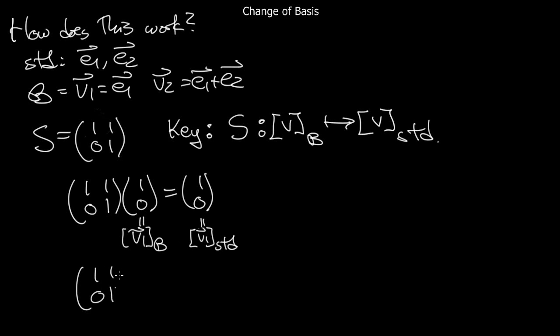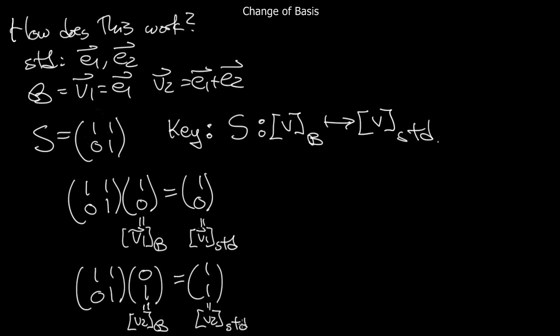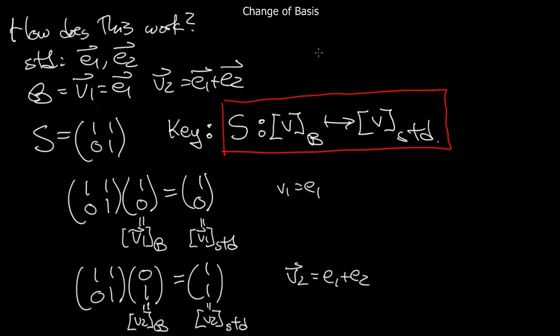If you take this vector in the new basis, (0, 1), which is v2 in the new basis, you get v2 in the standard basis, and that's exactly correct. This is the thing which says v2 is e1 plus e2. And this previous line is the thing that says v1 is equal to e1. So this is the key property of this matrix. It changes the coordinates of a vector from one basis to another, and that's why it's called the change of basis matrix.